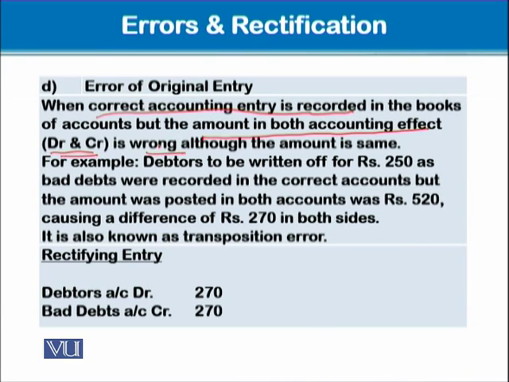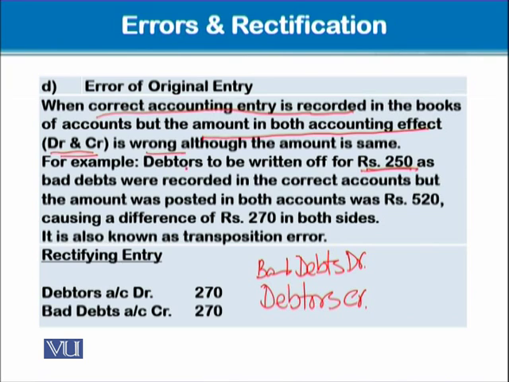For example, debtors to be written off for 250 rupees as bad were recorded in the correct accounts. Means bad debts were correctly debited and debtors were correctly credited. Okay, this is its accounting entry.